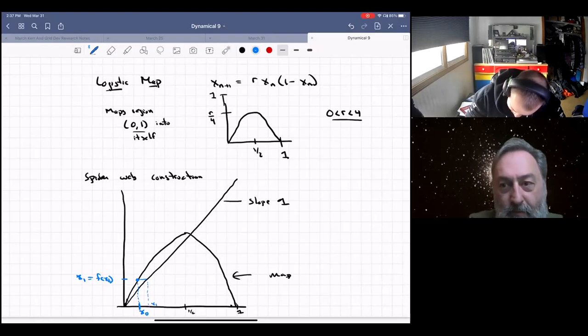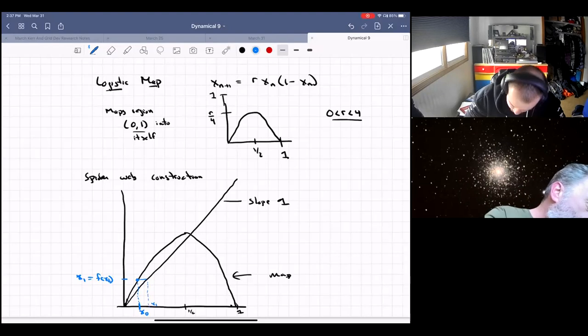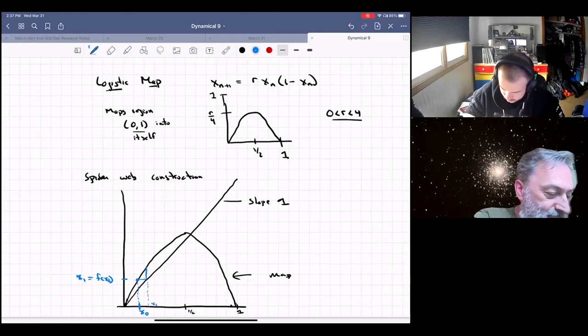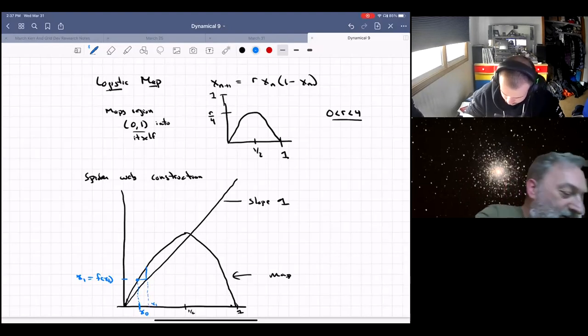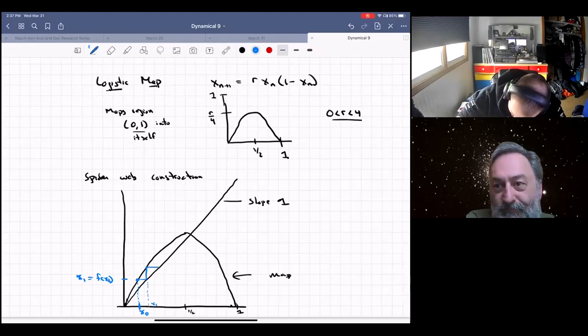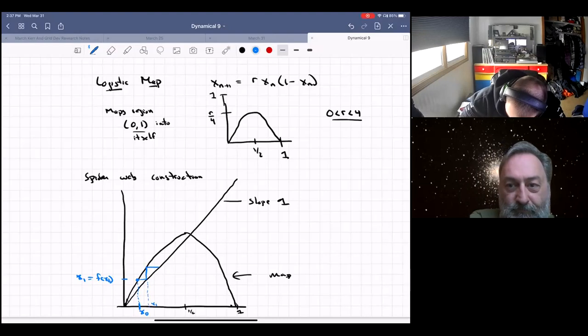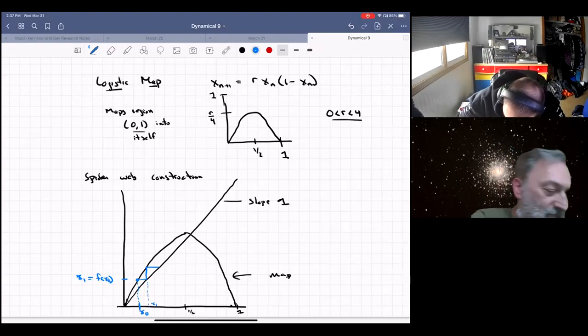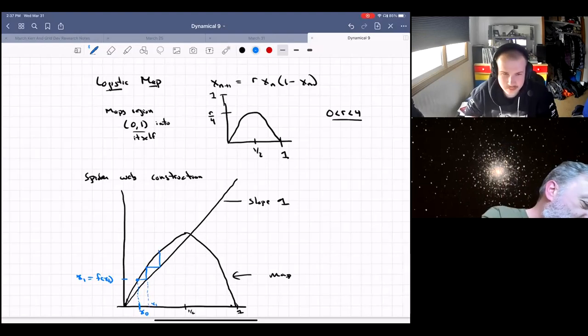So now I want to do the map again. I go up to the function, and if I go over to the line, that's x2. And I can go up to the function, over to the line, up to the function, over to the line, and so on.